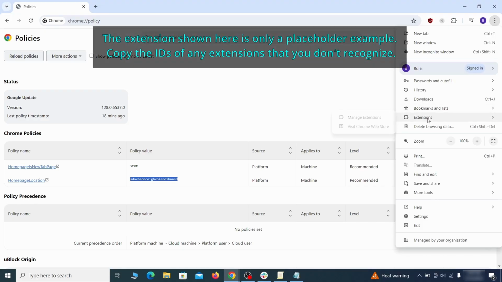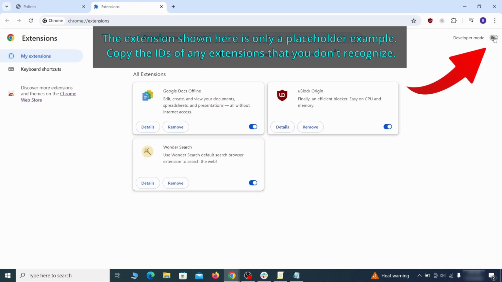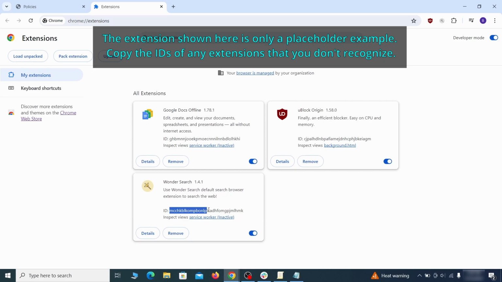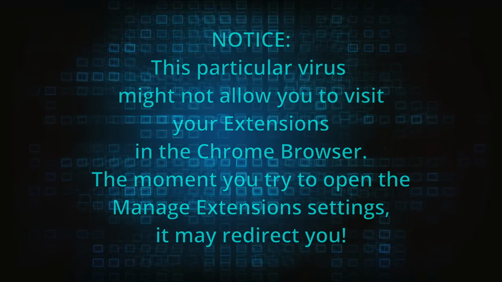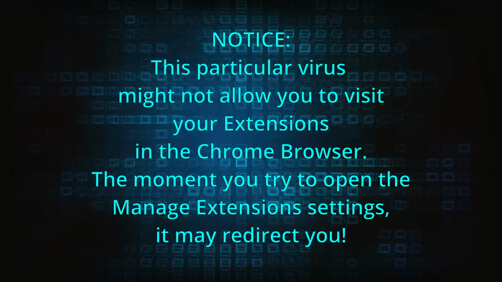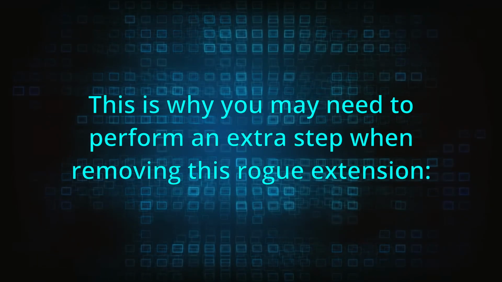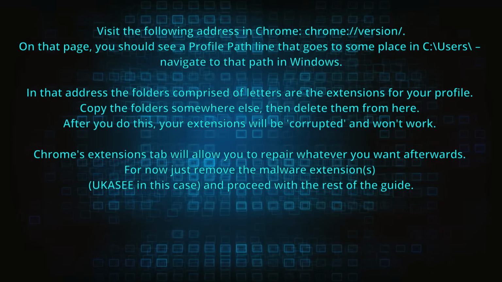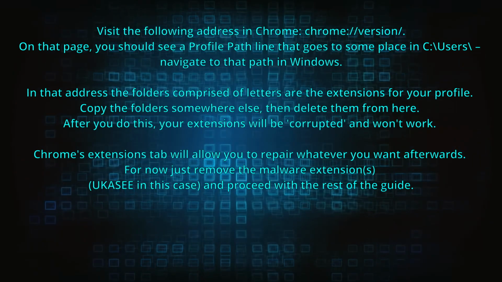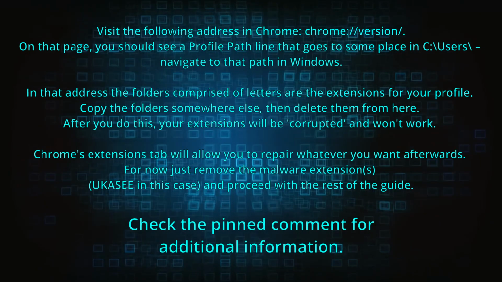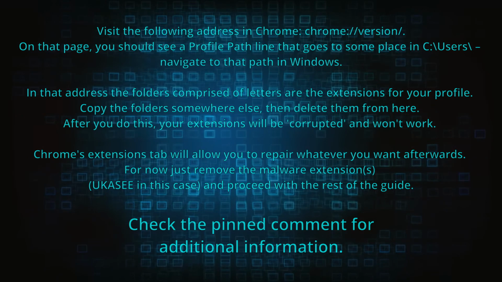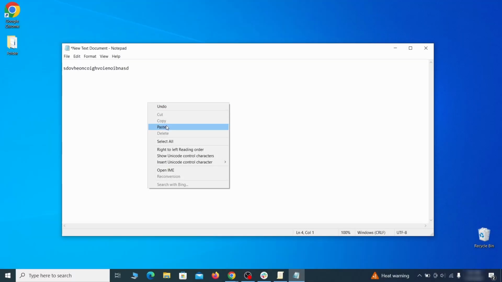Then go to the extensions page of your browser, turn on developer mode from the top, and check the IDs of any rogue extensions that you aren't allowed to remove. Copy and save those IDs too.